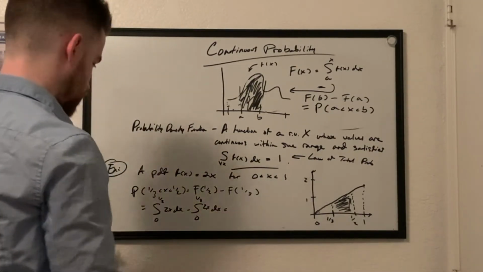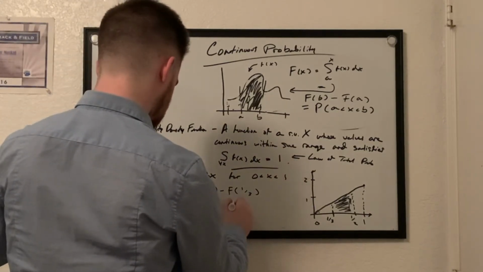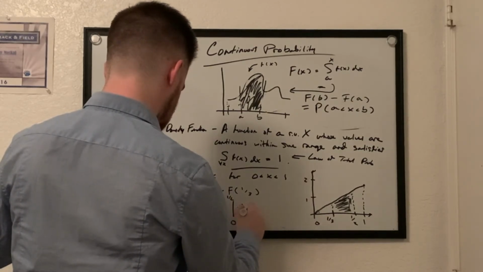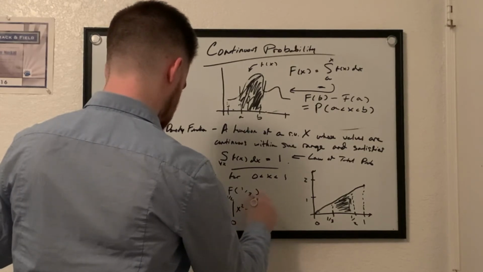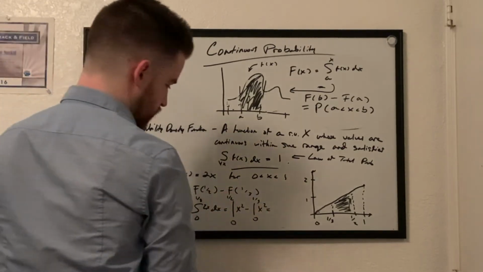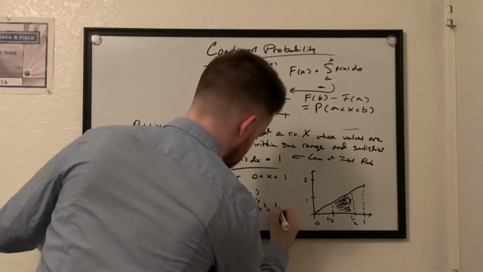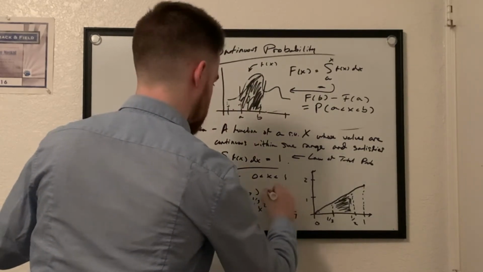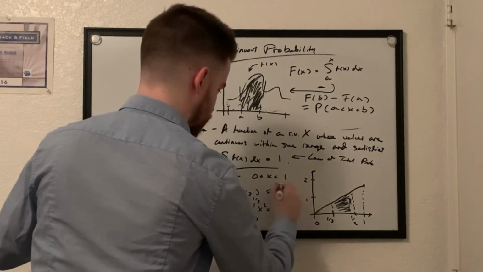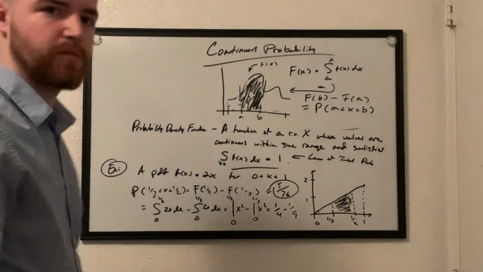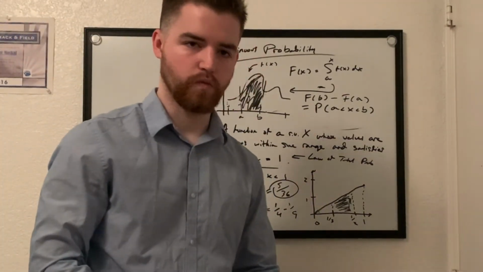Well, the integral of 2x is simply x squared. The zeros will do nothing, so this just becomes 1/2 squared, which is 1/4, minus 1/3 squared, which is 1/9, which equals 9 minus 4, which is 5, over 36. So it's going to be a little bit less than 1/6.